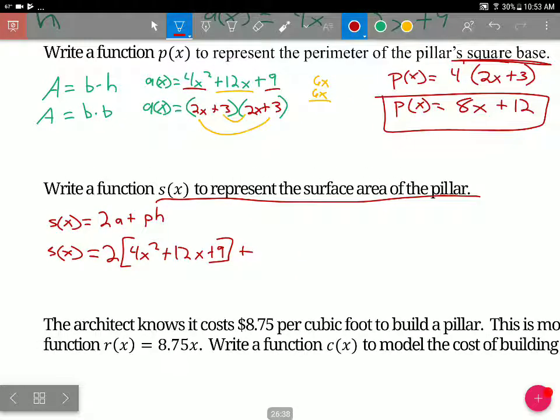Yeah, 8x plus 12. Times the height, which, do you remember what the height is? x plus 4. So start multiplying. All right?